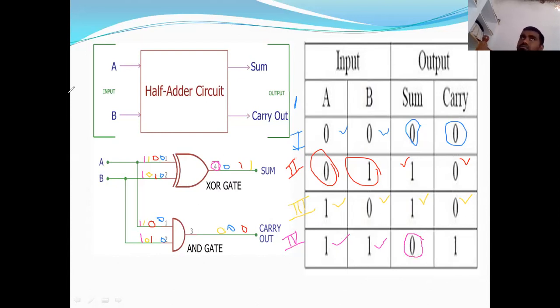And next we have the AND gate. For the AND gate, when both inputs are high, then only the output will be high. So two inputs are high, so the output will be high. So this is the truth table for the half adder.